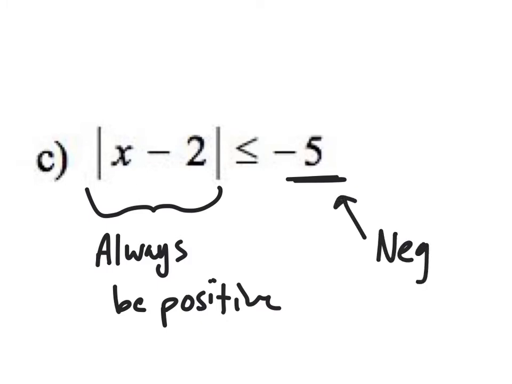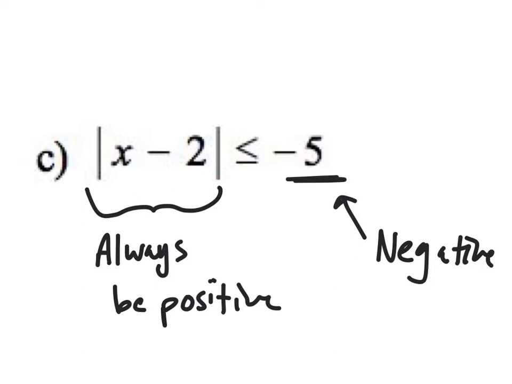Anytime that you're dealing with a negative number with an absolute value and an equal sign or an inequality sign, you always need to think back and look at what's going on. So this is negative. Now I have something that will always be positive, and it's going to be smaller than a negative number. That's a contradiction.